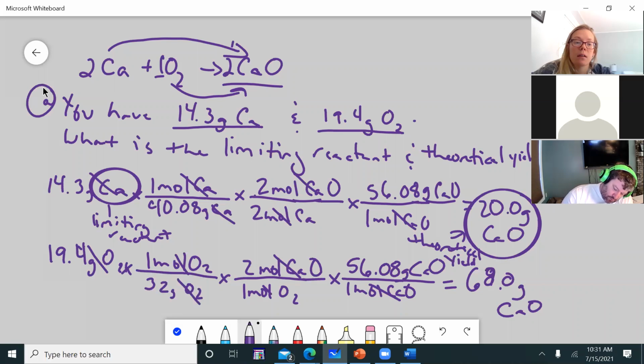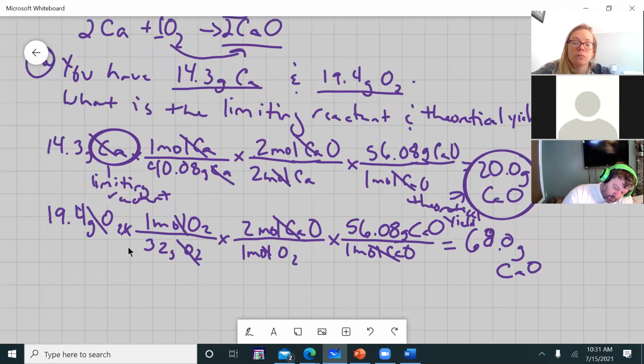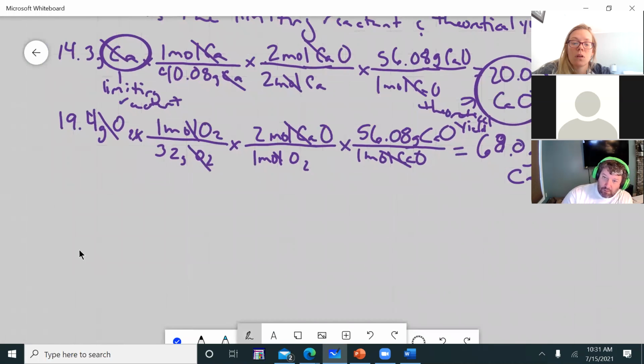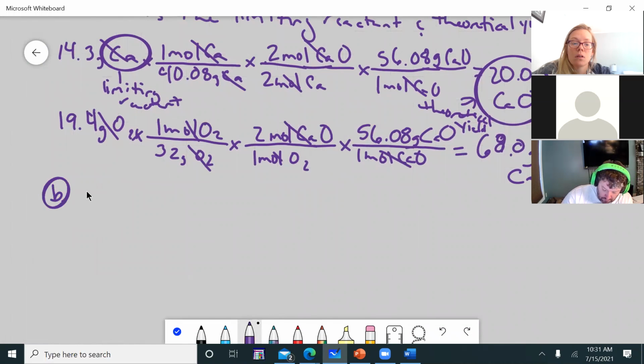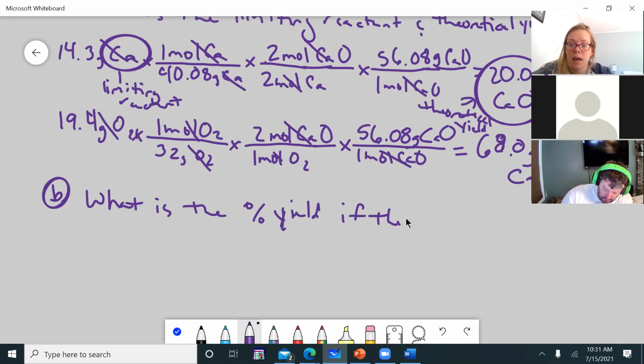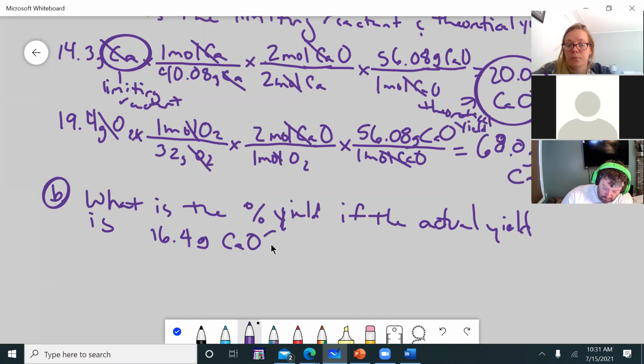Say that this is part A. Let's do a part B. What is the percent yield if the actual yield is 16.4 grams of CaO?